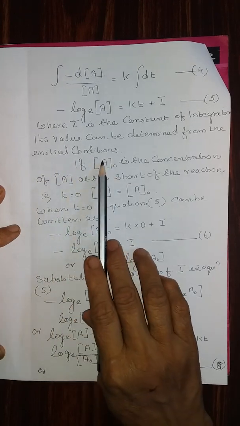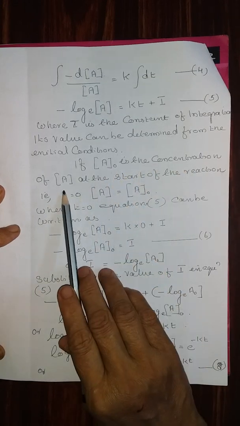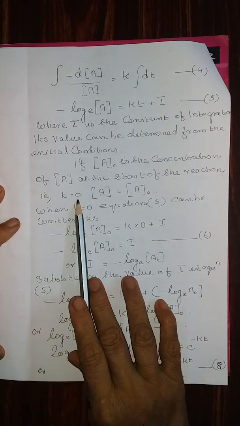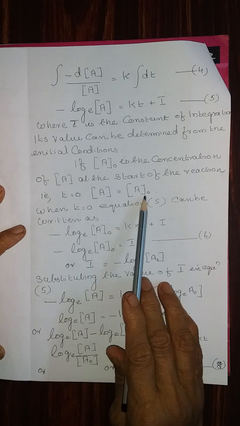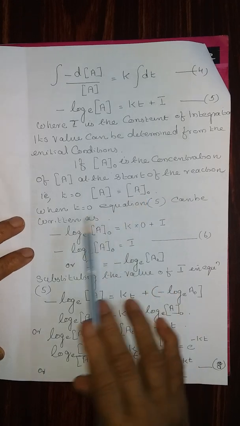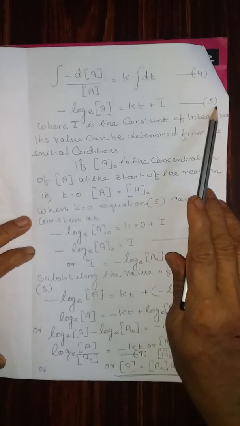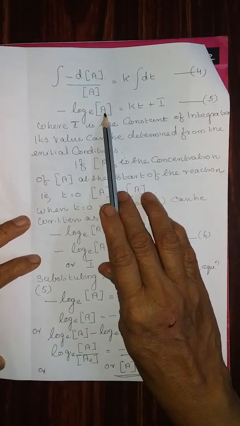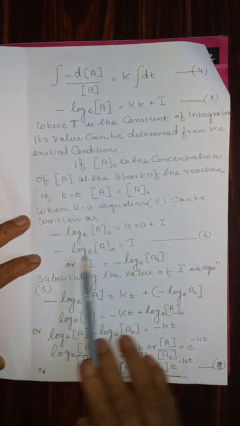If concentration A0 is the concentration of A at the start of the reaction, when t is equal to 0, the concentration of A means concentration A0. When t is equal to 0, the equation 5 can be written with A becoming A0, and t equal to 0.